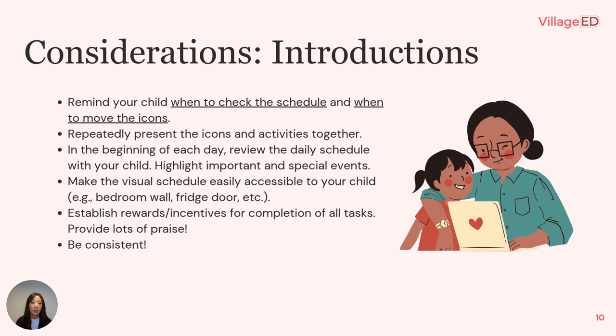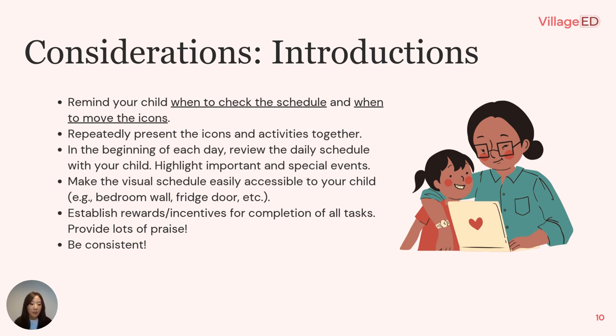We want to make sure that they know which icons represent which activities. In the beginning of each day, I would review the daily schedule with your child. If you're a teacher or a parent, go through the daily schedule with a visual schedule, especially if you have any special events, any parties, any outings, any doctor's appointments in there. Definitely talk about that in the beginning.